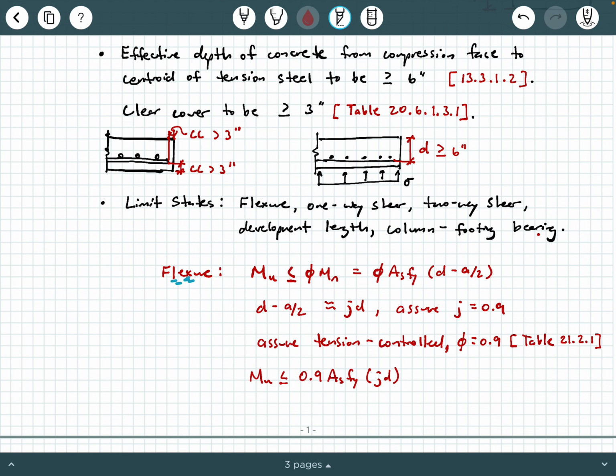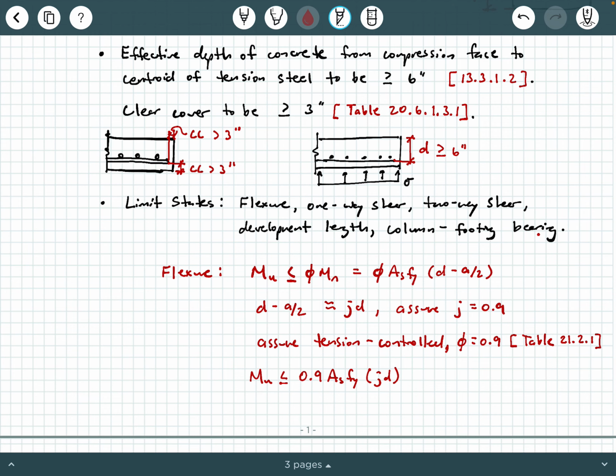Let's start with flexure. So in flexure, the ultimate factored moment needs to be less than or equal to phi Mn. Now, phi Mn, if we remember our basic concrete design, is phi As fy times the quantity d minus a over 2, okay? Now, I'm not going to dig into all of this because I'm assuming that we're somewhat familiar with reinforced concrete design, so I'm not teaching all of reinforced concrete design from scratch in this video.